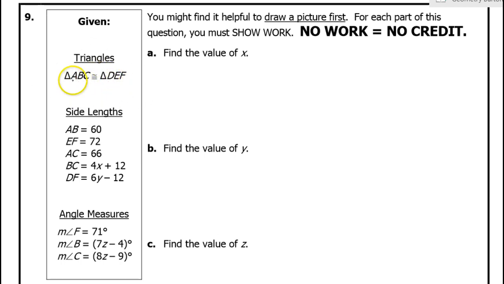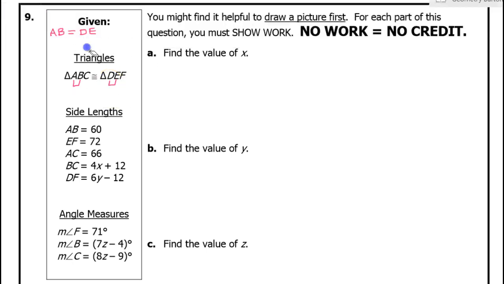So for example, I see that AB is first, and then in the next triangle we have DE. So I know that AB is going to be congruent to DE. Or you know what, I'll just say that length AB is equal to length DE.